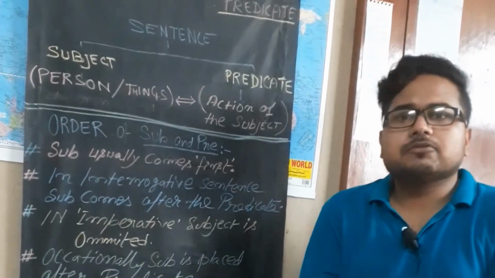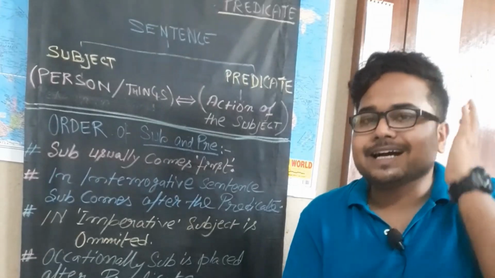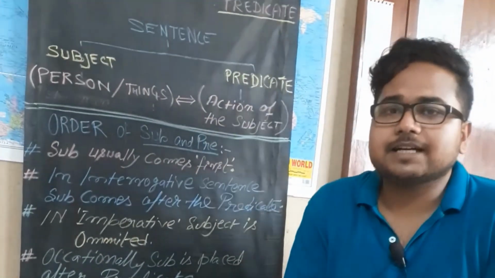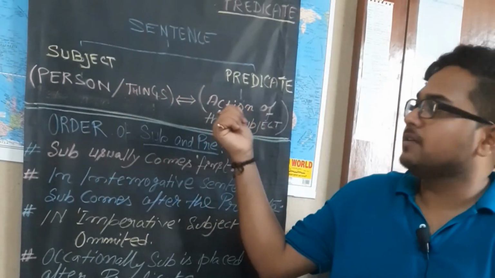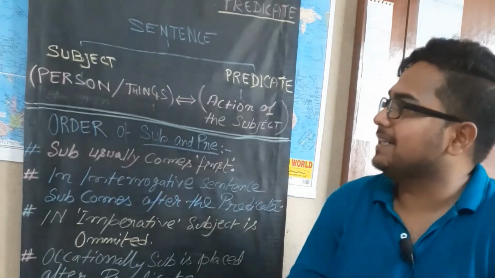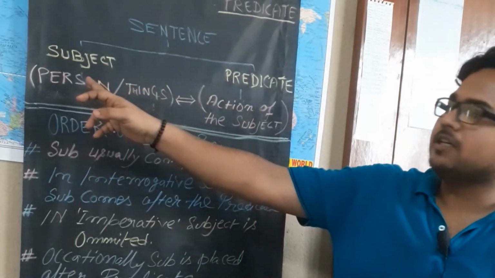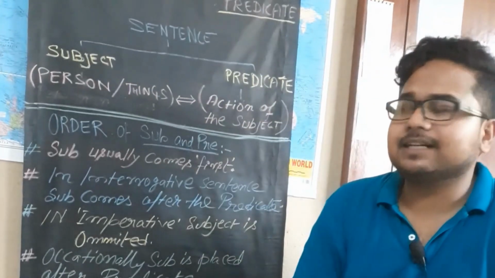Hello students. So after our first chapter reading about the kinds of sentences, here we are at its next part, that is the two different divisions in a sentence, that is subject and predicate. As you can see, I have divided it already here, subject and predicate. Now in a sentence you will get these two parts.